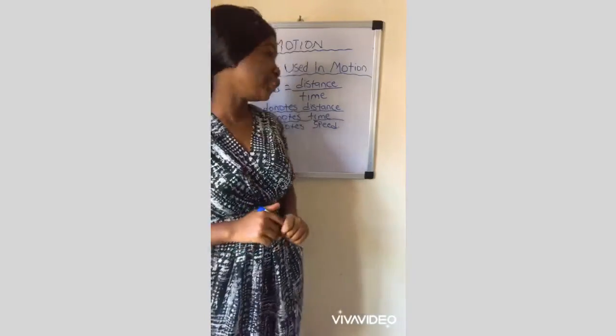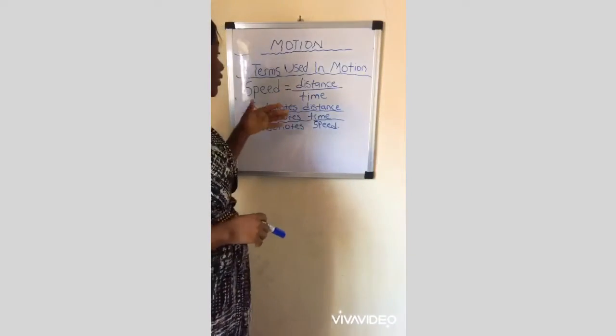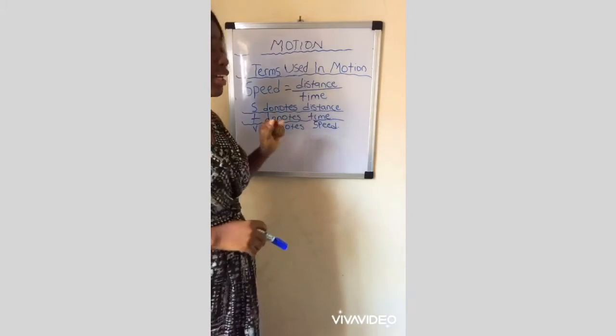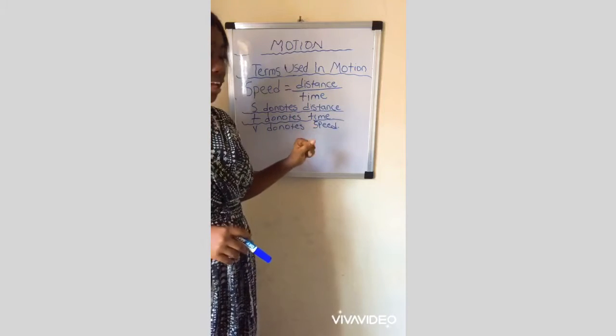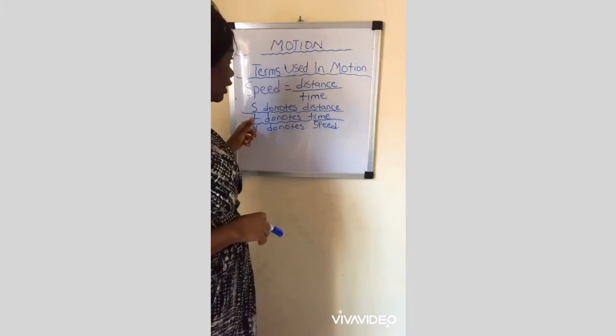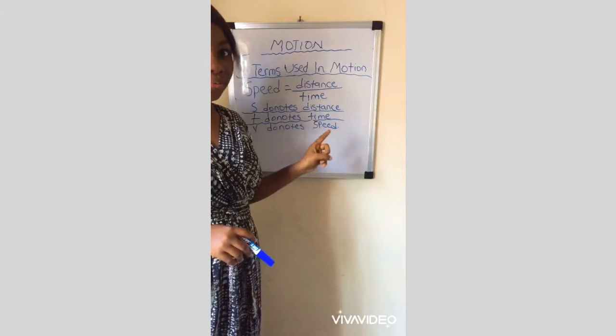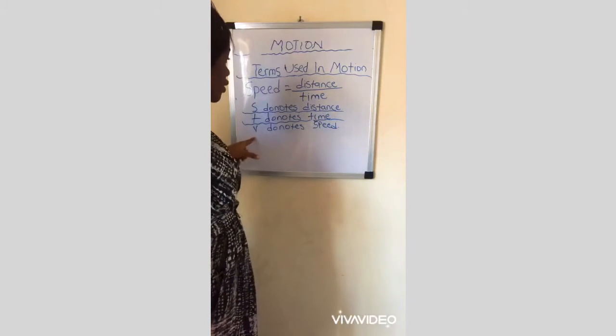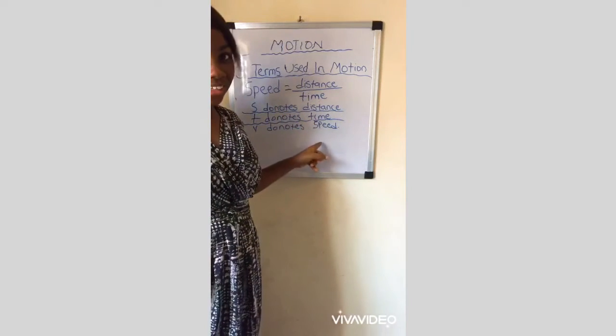For some students that don't really understand the word denote, it simply means represent. That is, anywhere you see s, just know that they're talking about distance. And anywhere you see t, know they're talking about time. And anywhere you see v, know they're talking about speed.